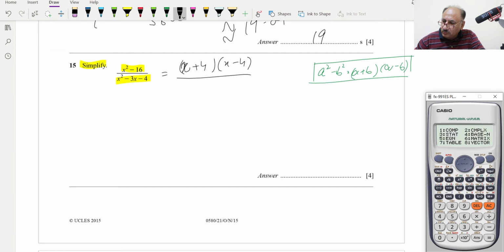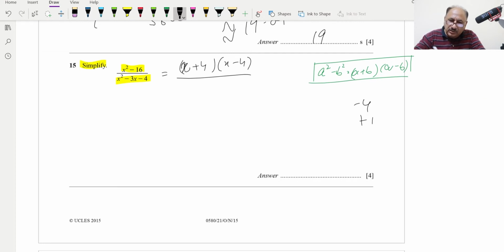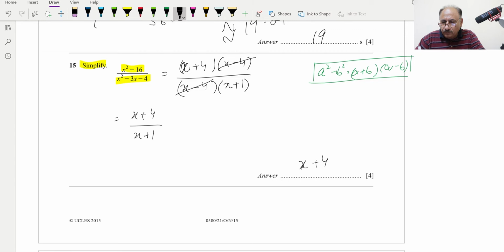For factorization, coefficient of x square is 1, coefficient of x is minus 3, and the constant value is minus 4, and this will be equal to 4 and minus 1. We will change sign and use this one, x minus 4 and x plus 1. These will be the factors which we have done. Now this term can be cancelled with this one, and remaining will be x plus 4 over x plus 1, and this will be our final answer.